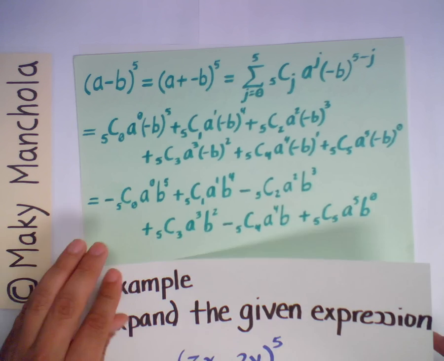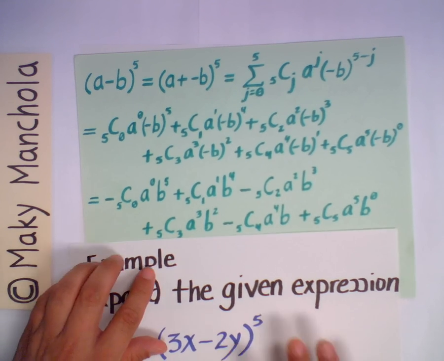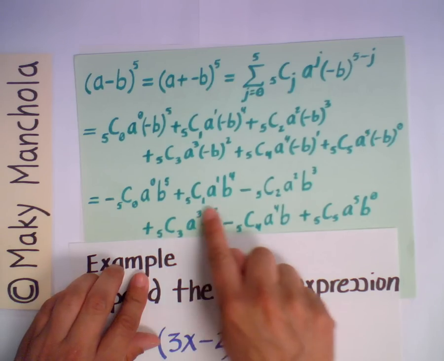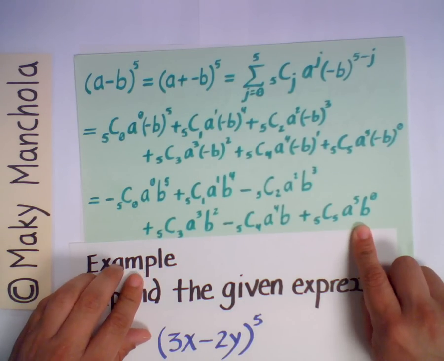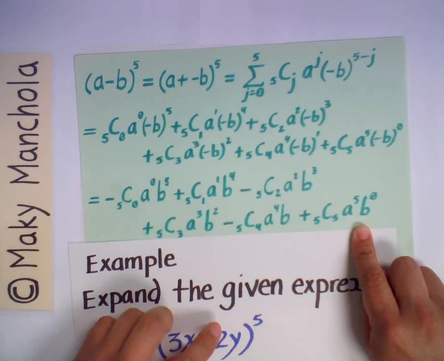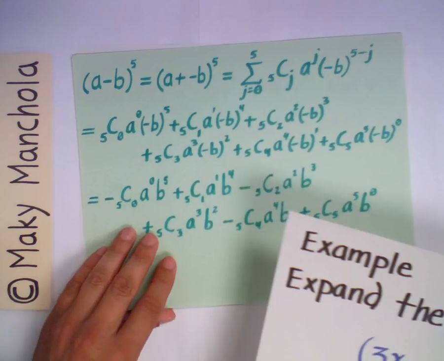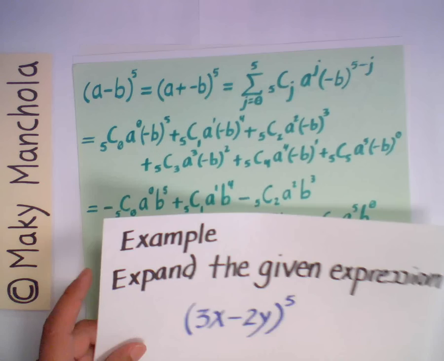So let's proceed. We're going to use this expanded expression. We're going to apply 3x in place of a, and 2y in place of b. So let's see what that results in.